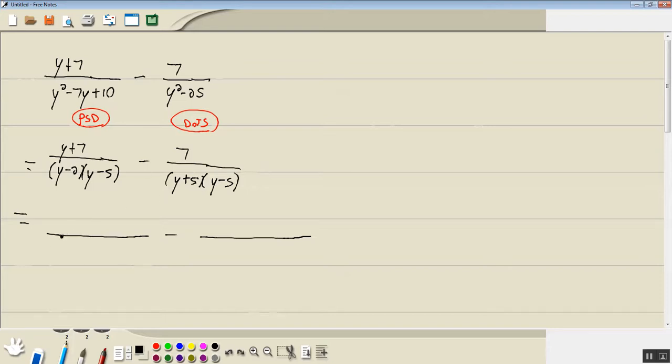There's one here, none here. So the greatest number of y minus 2's in a single denominator is 1. Then I go to y minus 5, and I'm looking for the greatest number of y minus 5's in a single denominator. There's one here, there's one here, so the greatest number of y minus 5's is 1. And then I go to y plus 5, and I'm looking for the greatest number of y plus 5's in a single denominator. None here, one here, so it'd be 1. So that's going to be our least common denominator.